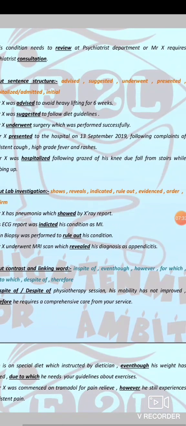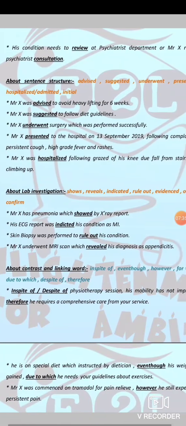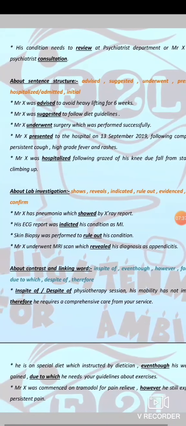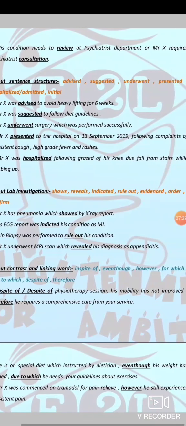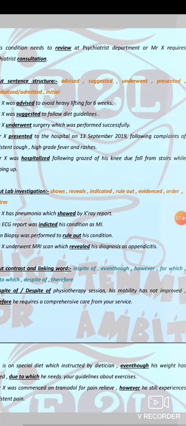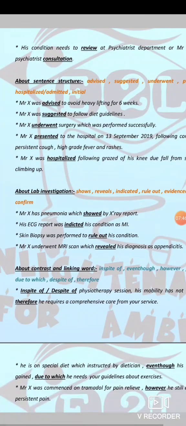Now we'll go with another example for even though and due to which. He is on a special diet instructed by the dietitian, even though his weight has gained, due to which he needs your guidelines about exercises.